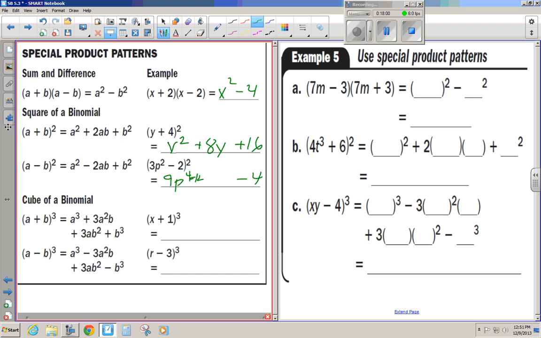Oops, you can't quite see that very well. So let's start over a little bit. You square the first number, you square that number. Then you double the product of 2 and 3. So that's negative 6, minus 12.